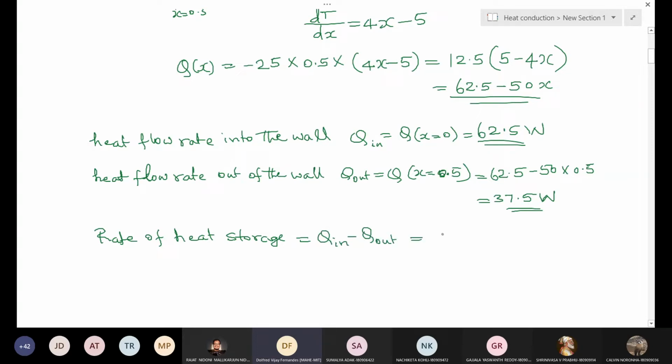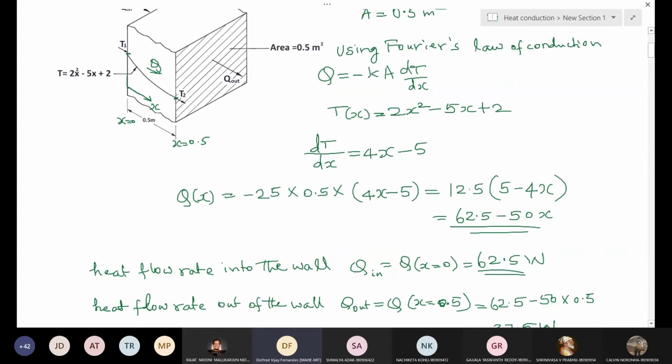That is 25 watts. It's a simple problem. The only thing is the profile. You should use the profile to obtain the heat transfer rate at any location. For example, if the question is to find the heat transfer rate at the center or the middle of the wall, you can do that, right?